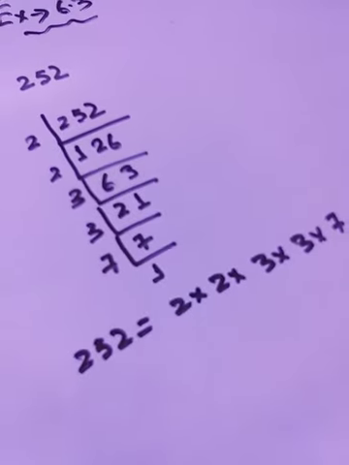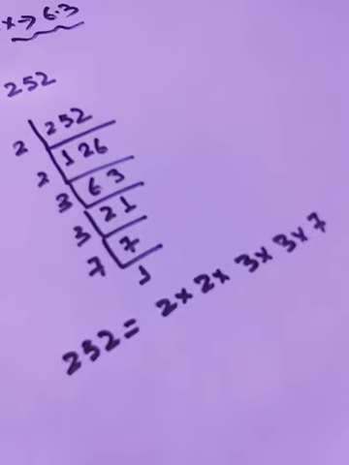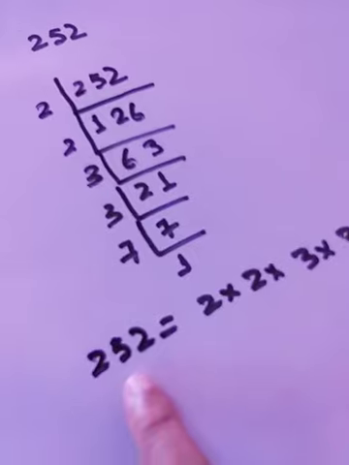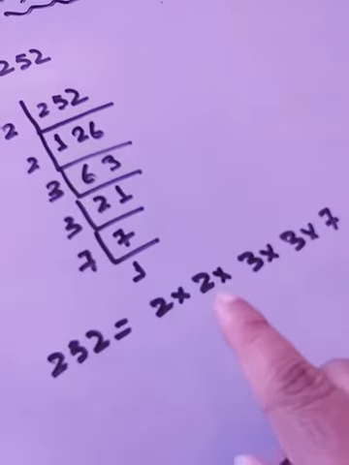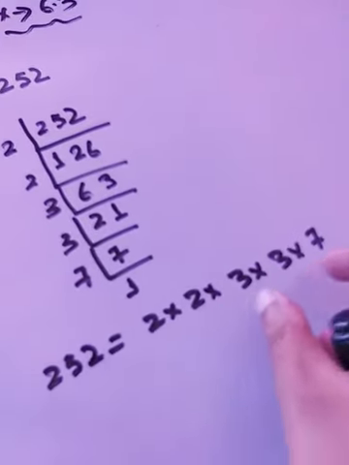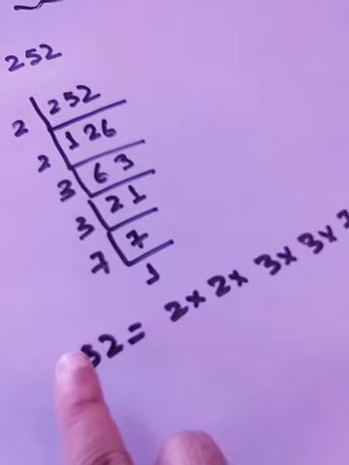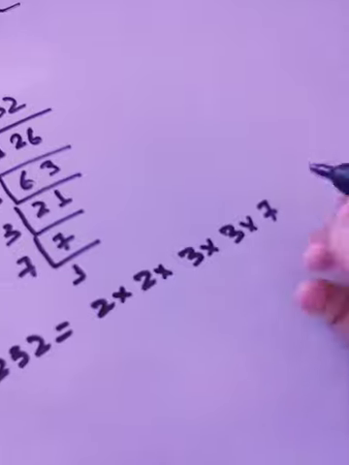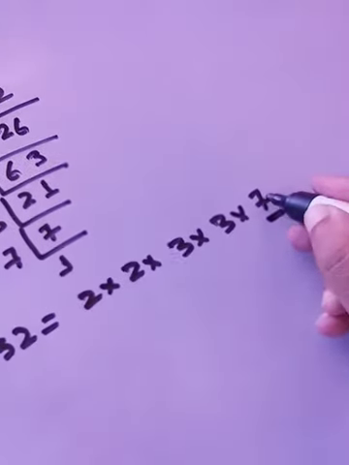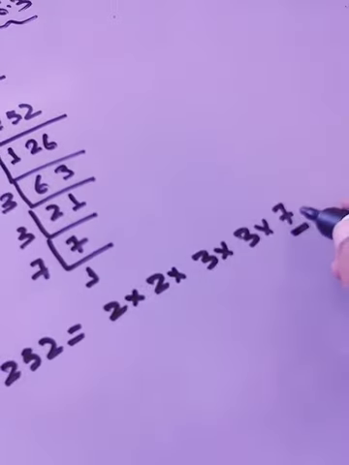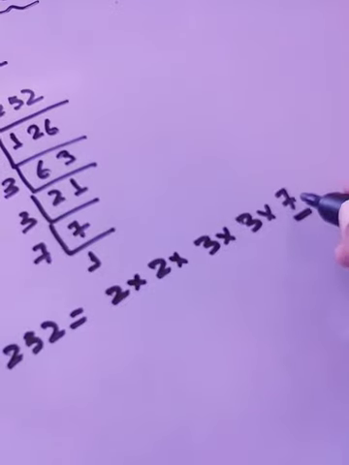Always remember that if any number is a perfect square, then it will always have its factors in pairs. But because this number is not a perfect square, you see that one of the numbers is not in a pair.